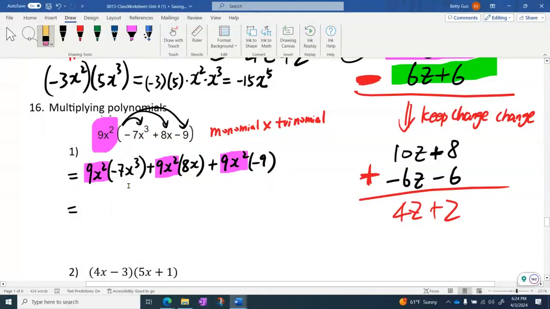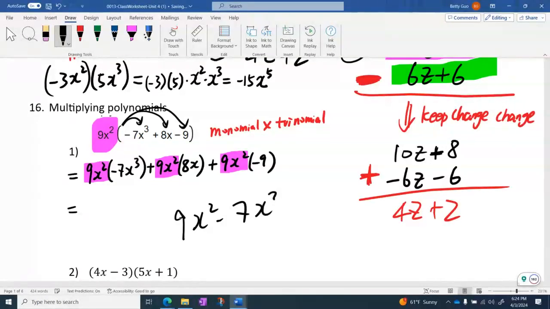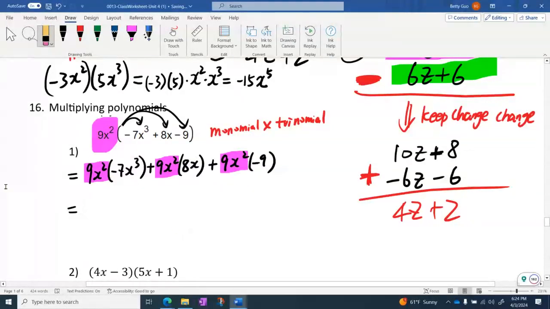Okay, let's see. 9x squared times -7x cubed. By the way, this is not 9x squared minus 7x cubed, okay? With the parentheses, the structure is different. We have the multiplication of 9x squared and -7x cubed. So how do we multiply them together?